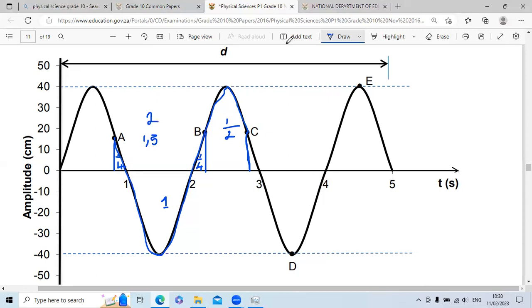So do you understand it? Let me just rub all this other stuff out. If you look at it from A to C, does it look like a full wave to you? Yes. Okay, so that's how you're going to identify your waves.